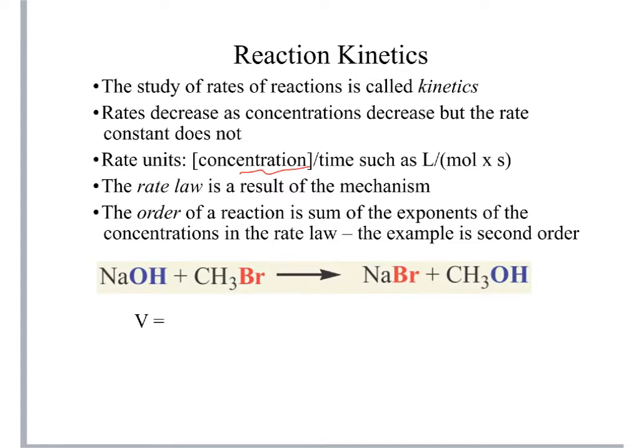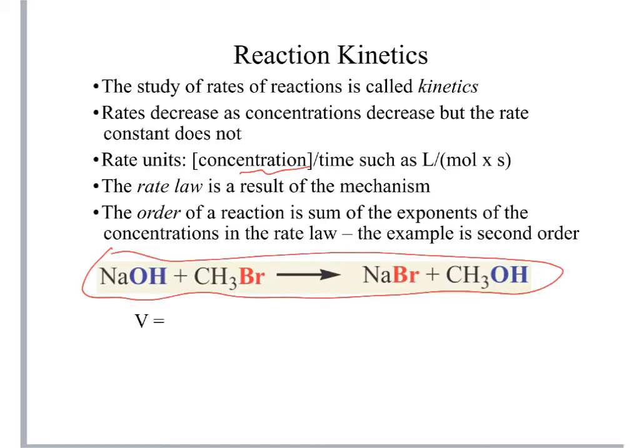The order of a reaction is the sum of the exponents of the concentrations of the species participating in the rate determining step. For reactions such as this one, for example, where we are replacing the leaving group bromide with a nucleophilic hydroxide, we can write down the expression for the rate law.